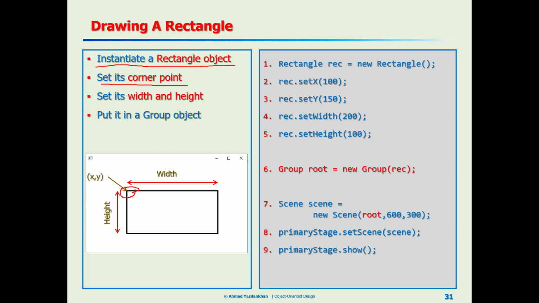We need to specify this corner point, and then we need to specify the width and the height and put it in the group as usual. So you see the procedure is repeating, with just minor changes based on the specific shape that we want to draw.